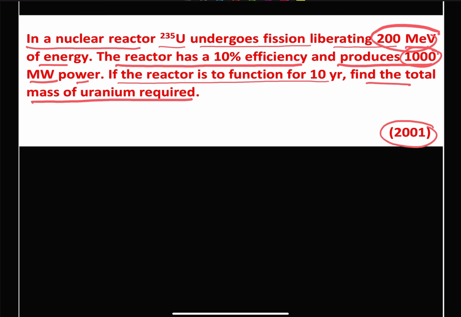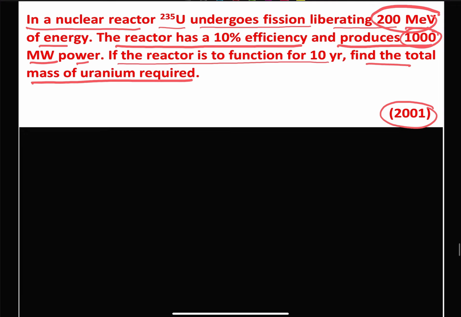So we can find out the output power of our reactor. Let us find out our total energy output. Total energy output, let us suppose E out, will be equal to power multiplied by time t.